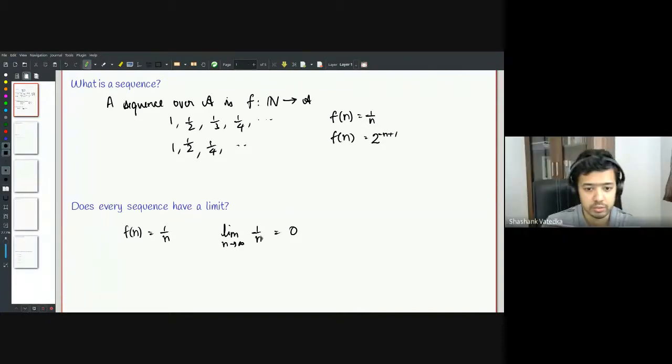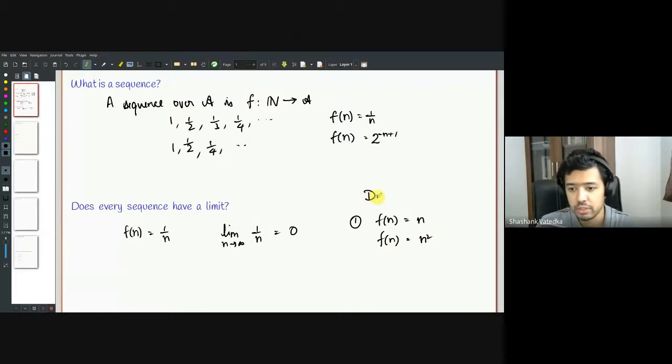Okay, that's a good example. So look at two classes of examples. One where, say, f of n is equal to n, or f of n equal to n square. These are divergent sequences, whereas these, as we know, are convergent.